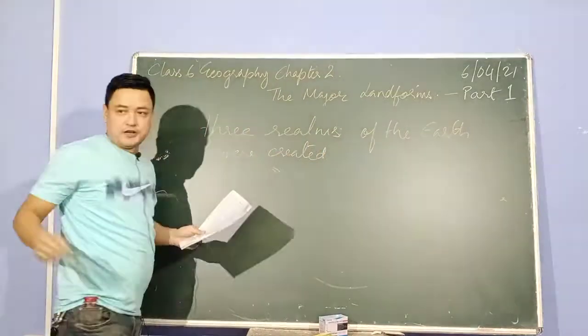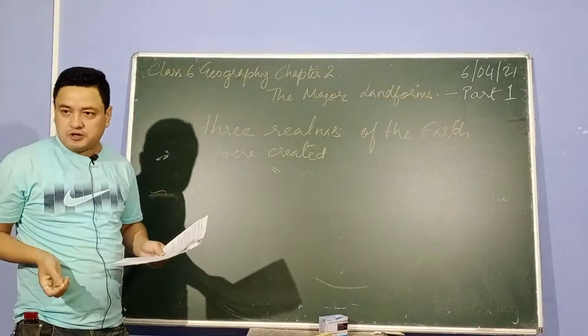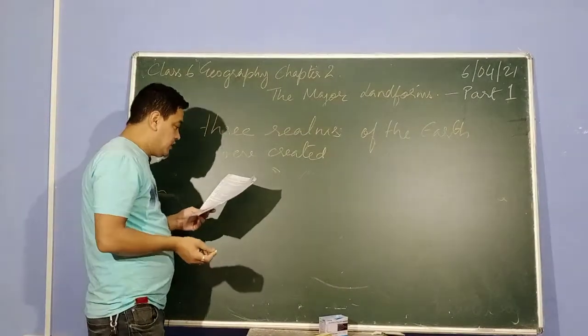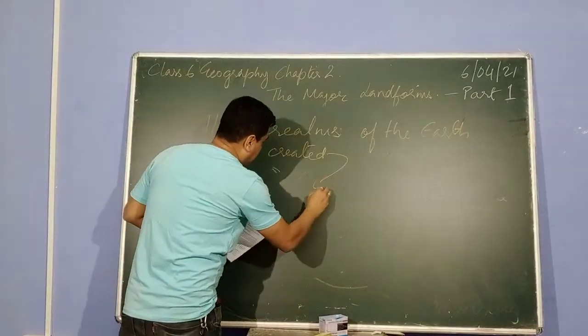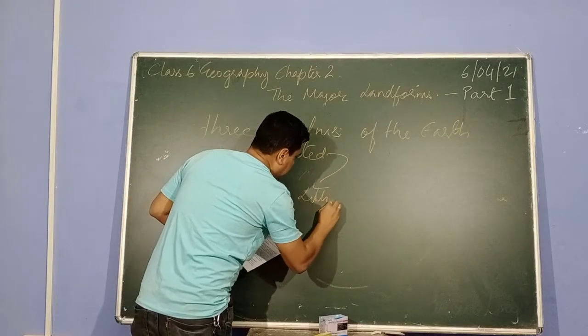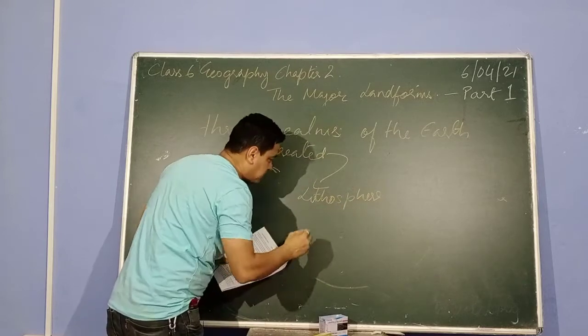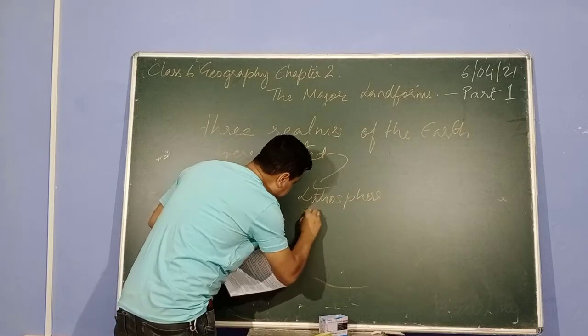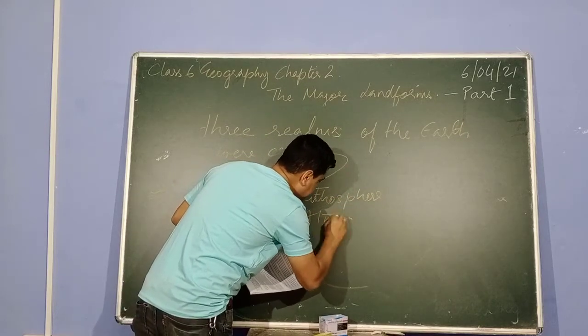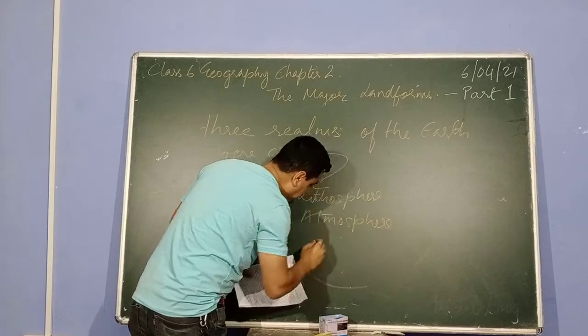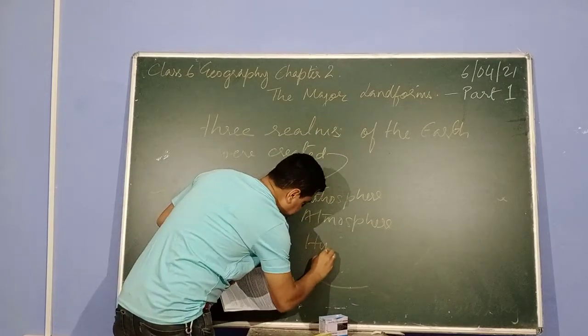Land was created by the earth billions of years ago. So the three realms of the earth are called lithosphere, the first one; atmosphere, the second one; and hydrosphere, the third one.